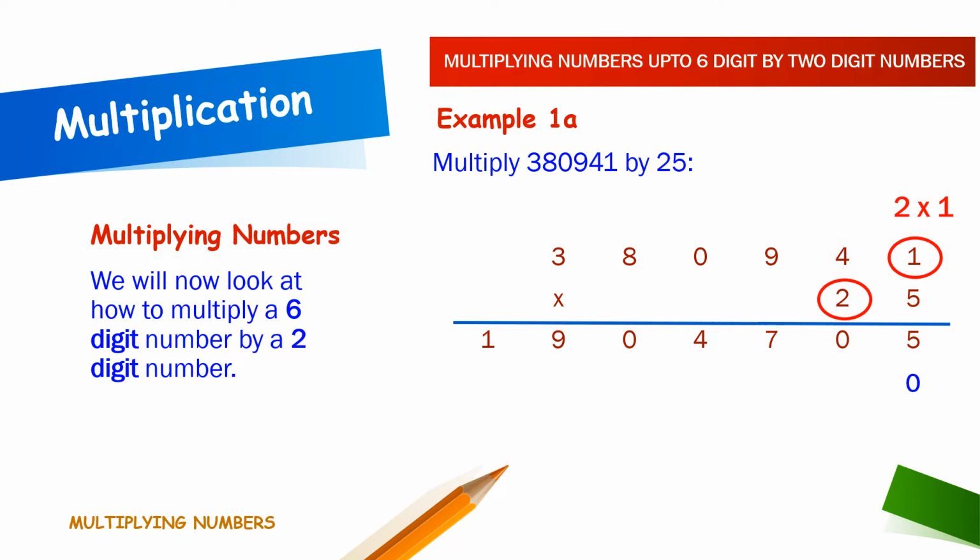So 2 times 1 is 2. Position this to the left of the 0 as shown. 2 times 4 is 8. Position this to the left of the previous digit as shown. Now continue in the same way until you reach the very end.